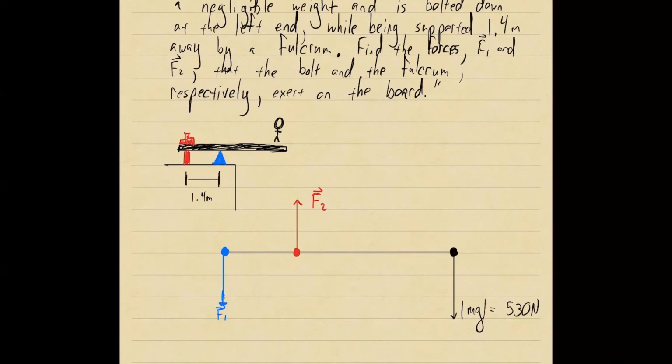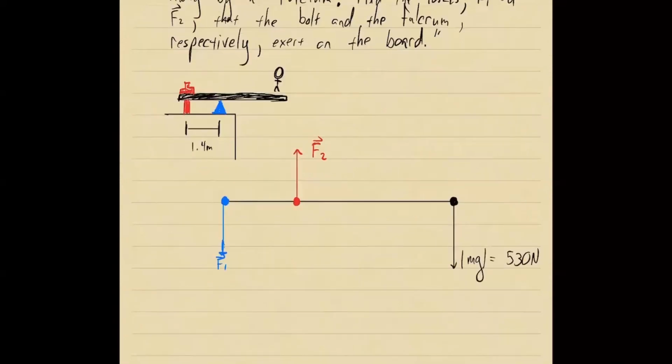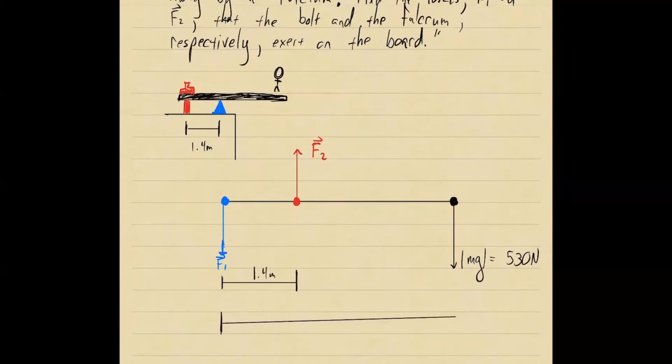And so we're given some distances. The distance between F1 and F2, at least where they're acting, is 1.4 meters. And apparently the distance between the bolt and the woman at the end, this whole distance, is 3.9 meters.